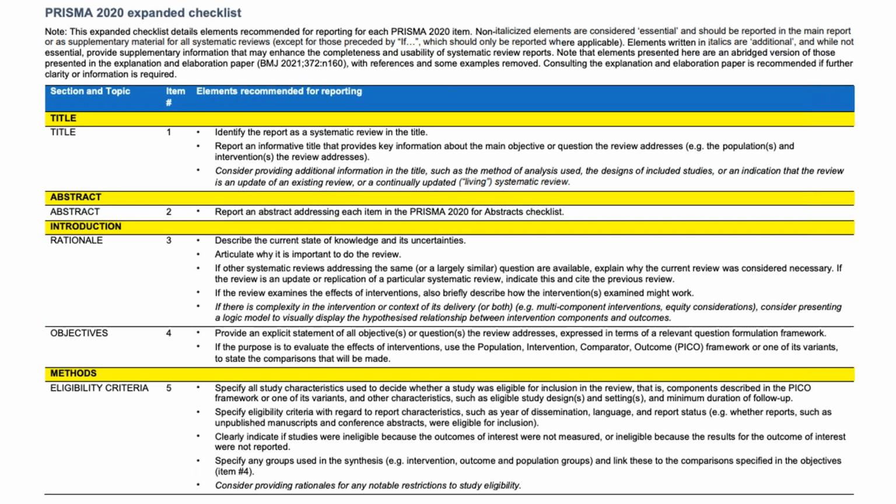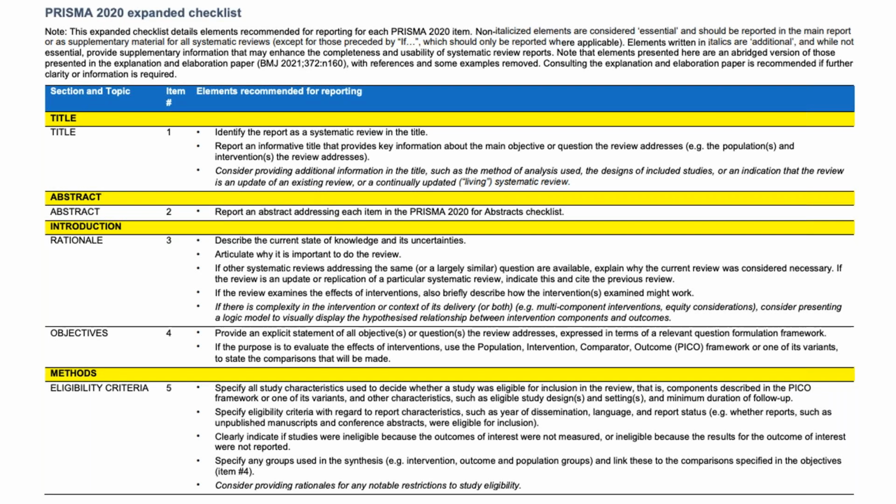What you'll notice if you take a look at this expanded checklist, which is also on the PRISMA statement website, is that a lot of the bullet points are preceded by an if statement. The reason for that is that we know not everyone will use all items that are available to a systematic reviewer.